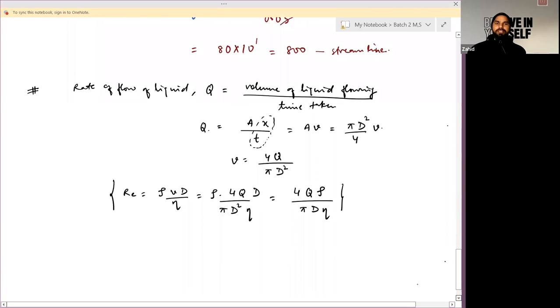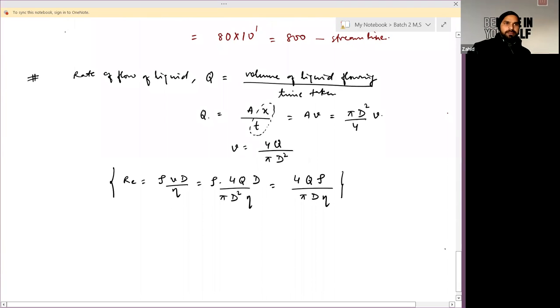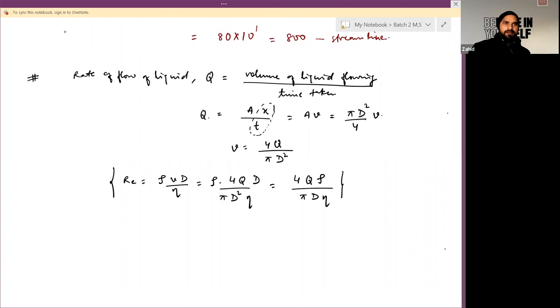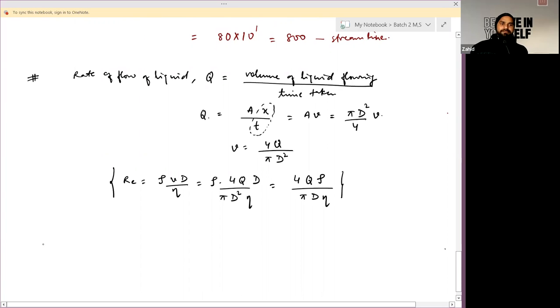We can also write Reynolds number in some other terms, as Reynolds number equals rho V D by eta. We can write rho, that is density, equals mass divided by volume. So it will be mass divided by volume times velocity, diameter, eta.